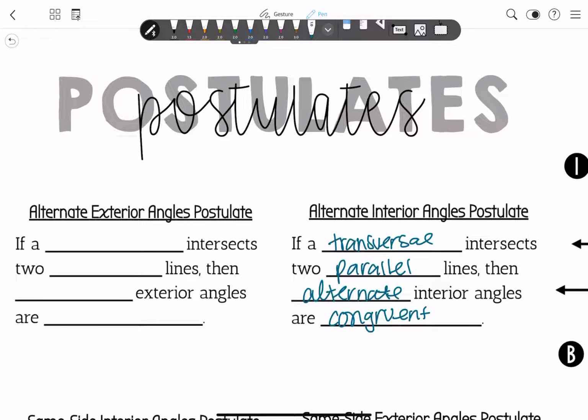And that same thing applies to our alternate exterior angles because they're on the outside, as long as our transversal is intersecting two parallel lines. Then our alternate exterior angles are going to be congruent.